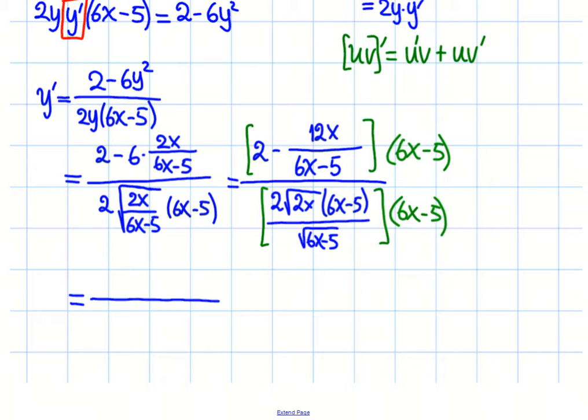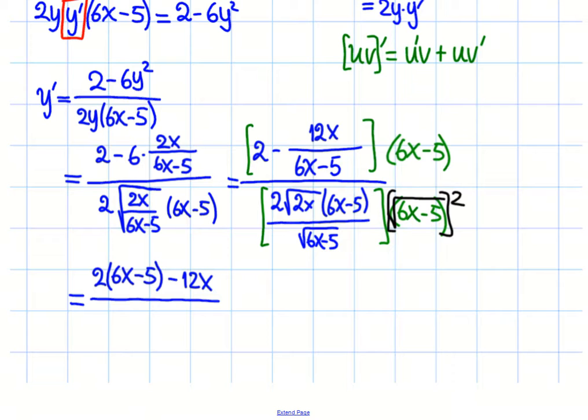At the top, we have 2 times 6x minus 5 minus 12x, because when we multiply the 6x minus 5, we cancel with the 6x minus 5. Now at the bottom, 6x minus 5, here we cancel with the square root. However, it's not quite cancel. 6x minus 5, we can write as square root of 6x minus 5 squared.